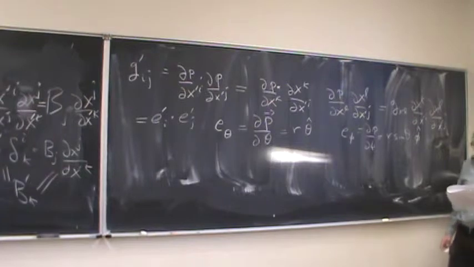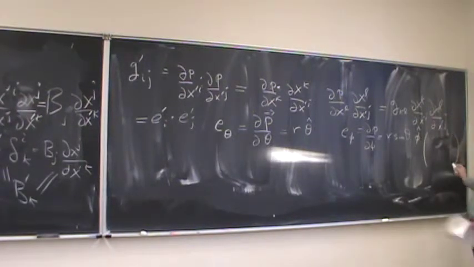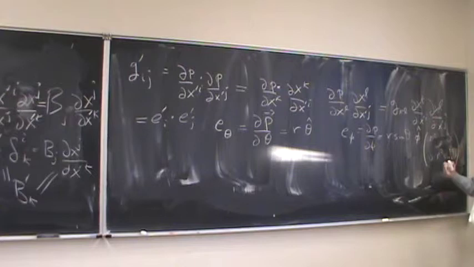And then we get a metric tensor. I'm going to just skip a couple of equations. It's R squared, 0, 0, R squared sine squared theta. And this is just e theta dot e theta, the dot product being in 3 dimensions, e phi dot e phi, and then e theta dot e phi is 0.